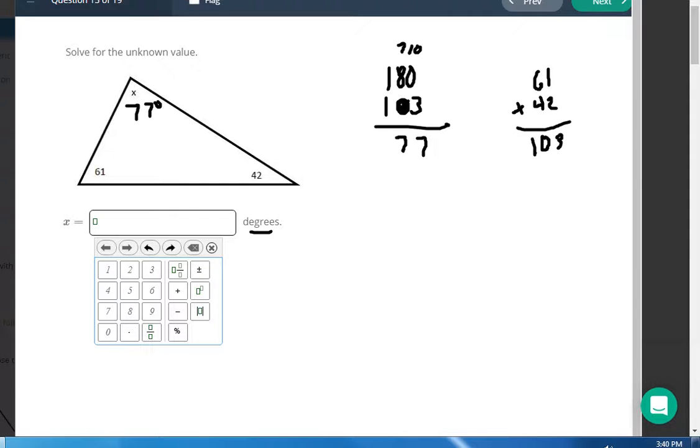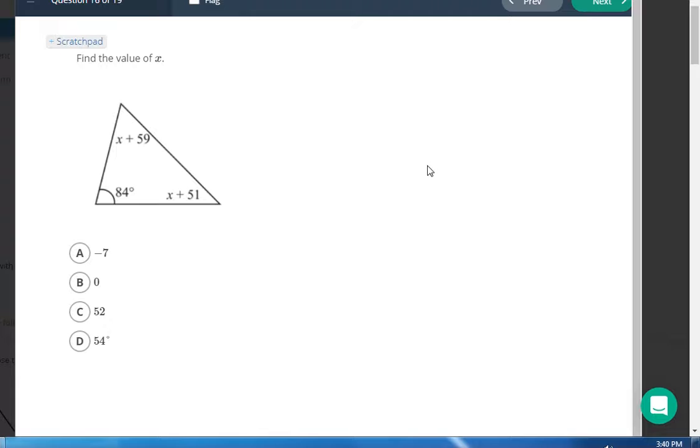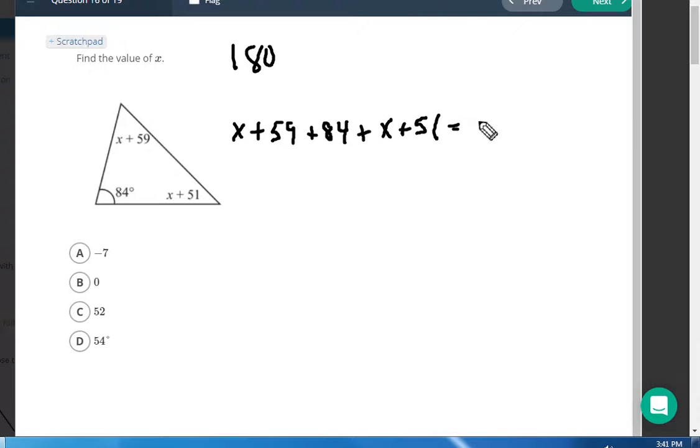Okay, so we want to go ahead and go on to the next question. Now, this is where we're doing a little bit more work, because we know the whole thing is going to add up to 180 degrees. So we need to say x plus 59 plus 84 plus x plus 51 equals 180 degrees.